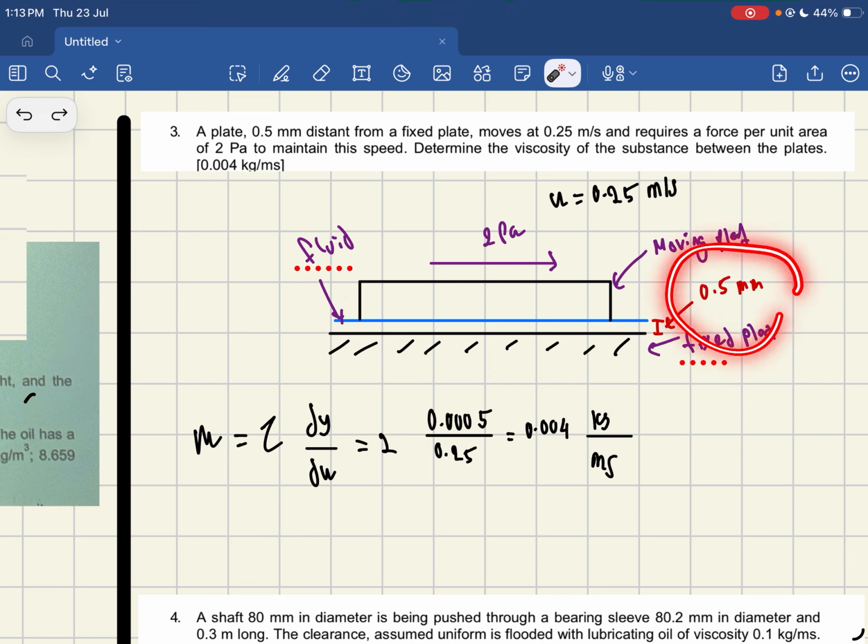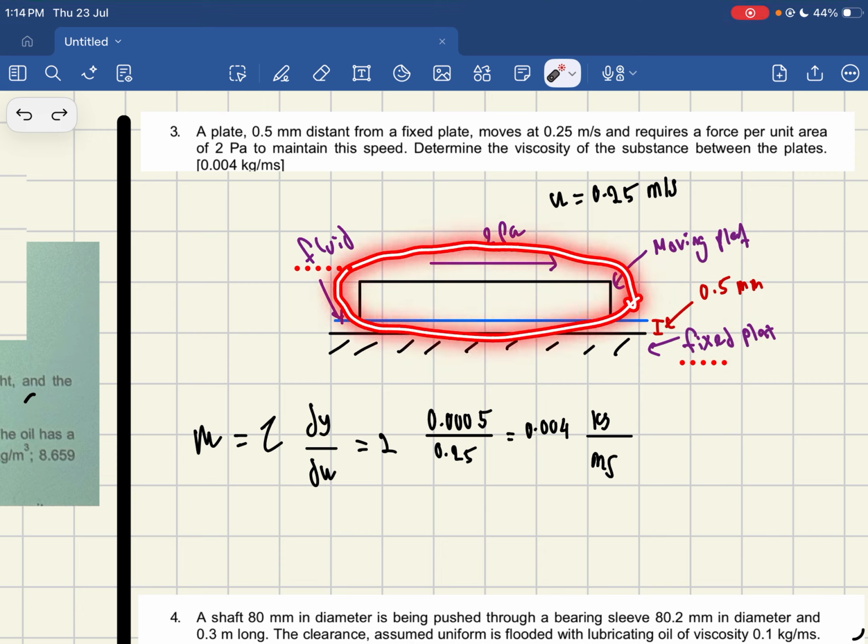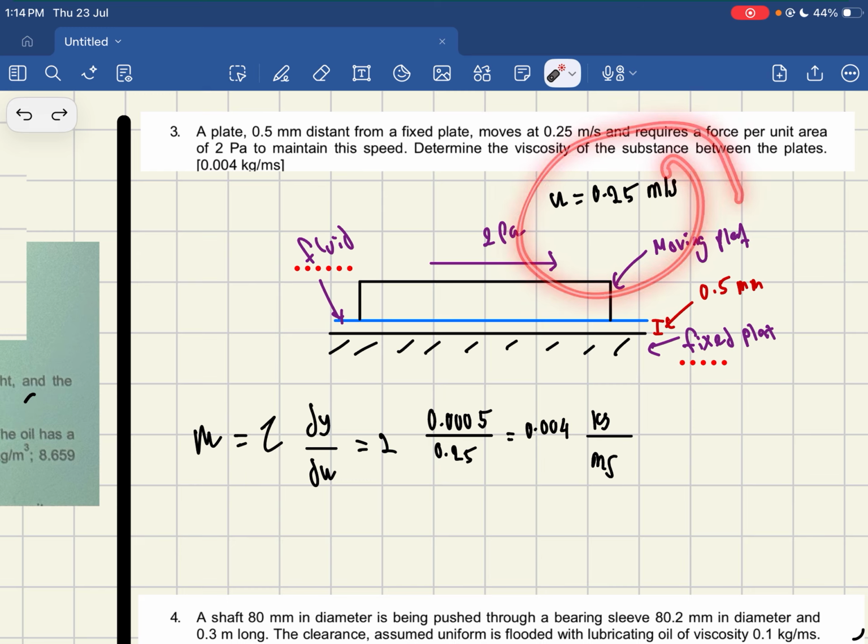You have a thickness of 0.5 millimeter, and a moving plate that moves on the upper side of the fixed plate with a velocity of 0.25 meter per second and a force, a shear stress of 2 Pascal, which is force per unit area. Essentially it is a shear stress in the fluid.